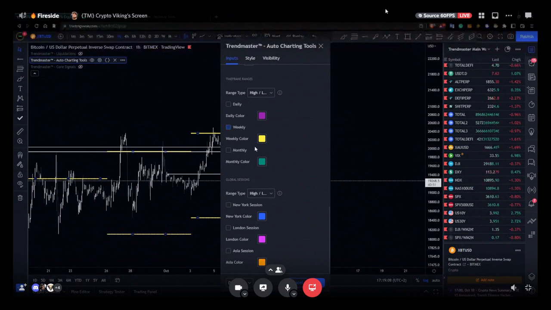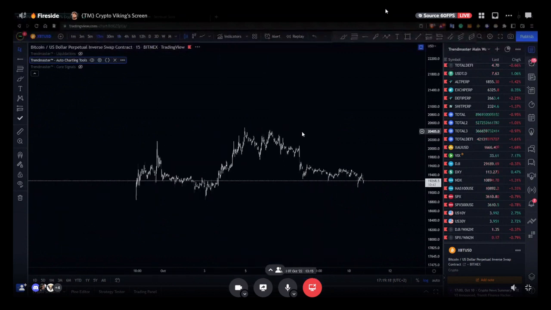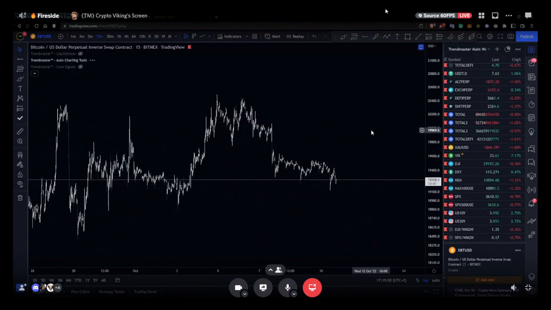Finally, and this one's a lot more effective for normal markets, is outside of the Asia session. So these global sessions show what price action does based off of what market is open.